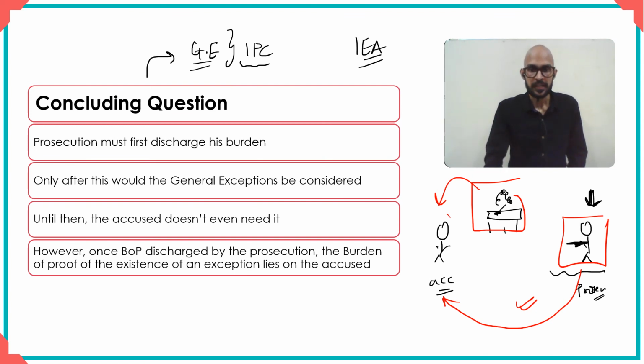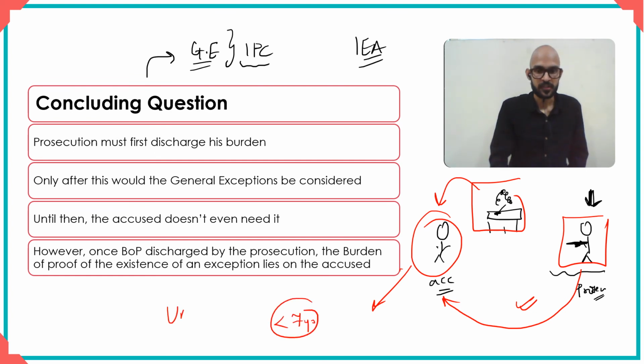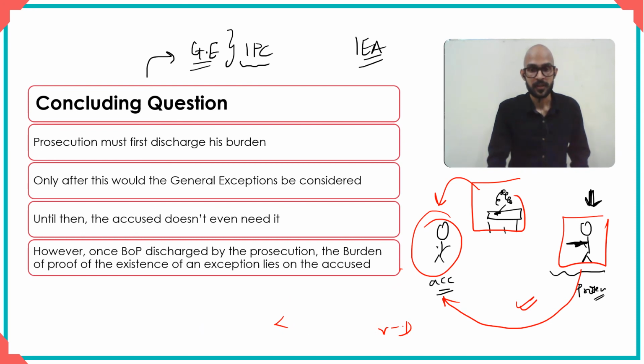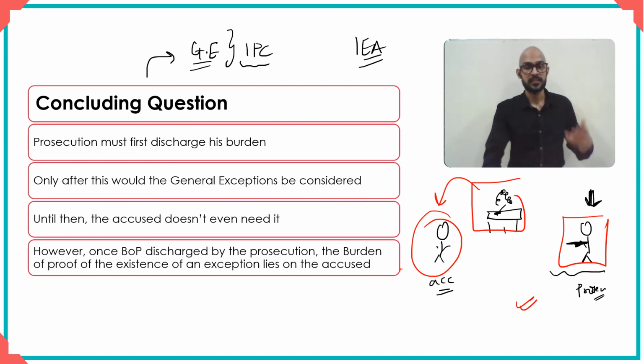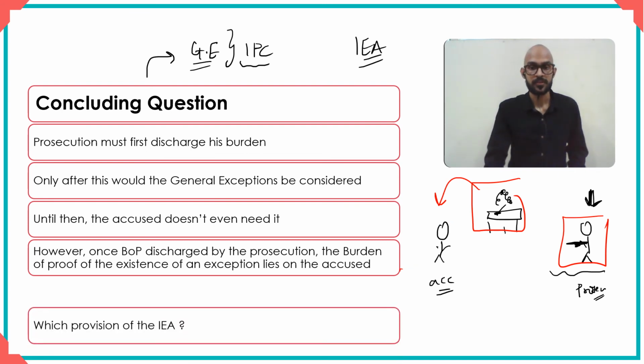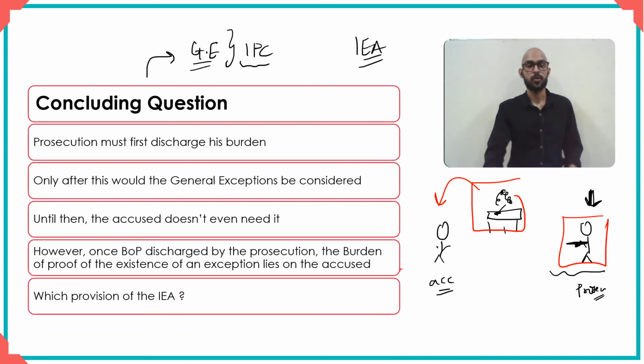Now, if he wants to say that, okay, there's a general exception, I am actually less than 7 years of age, or maybe I am of unsound mind, or maybe he acted in private defense, any of these general exceptions, the burden of proof lies on the accused, right? Now, he has to prove that he is under the age of 7, or he needs to prove that he was of unsound mind, and so on. Now, my question to you is, in which provision of the Indian Evidence Act do you find this rule?